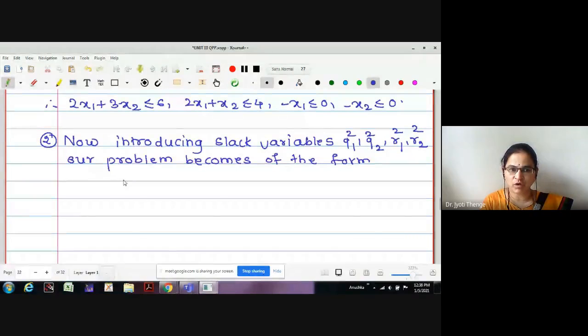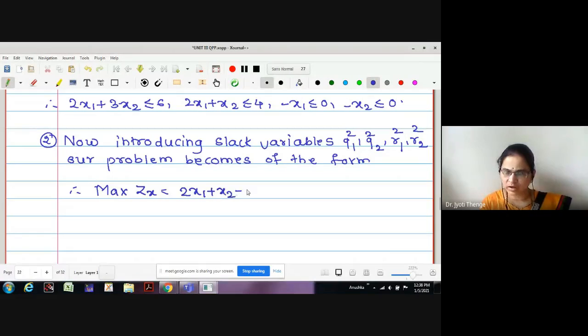Therefore, what will be the problem now? Maximize z is equal to 2x1 plus x2 minus x1 square subject to, what is the first constraint? 2x1 plus 3x2 plus q1 square equal to 6.